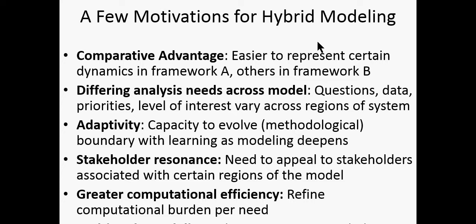And that's what I call comparative advantage. Could you do it with an agent-based model? You bet. It would just take a lot more time and be a lot more buggy, and that time has costs. It takes you away from other insights.